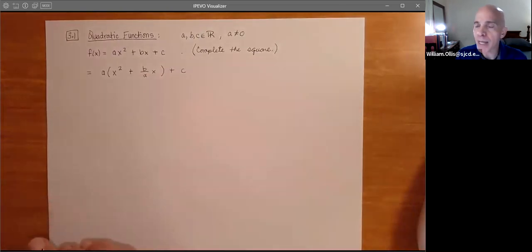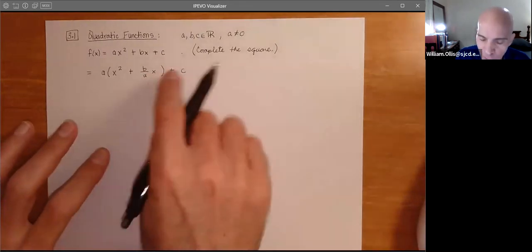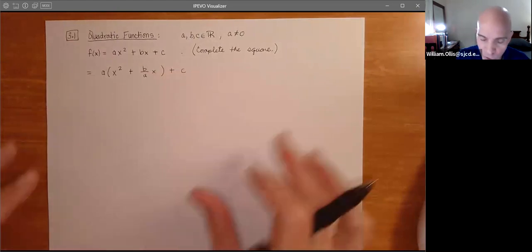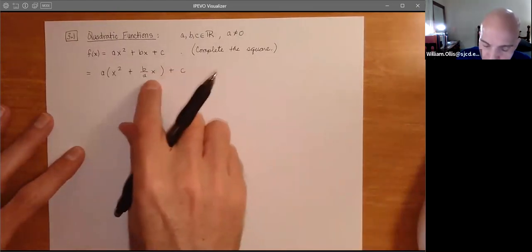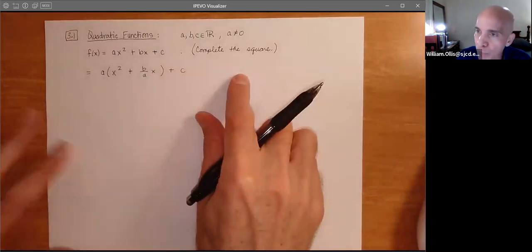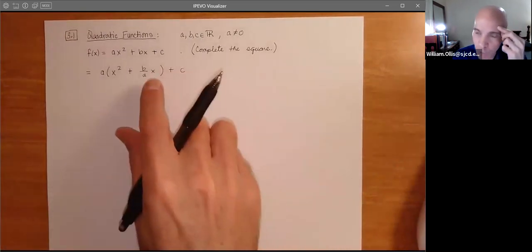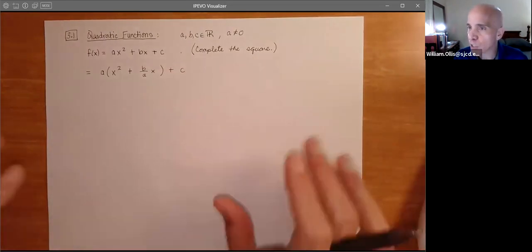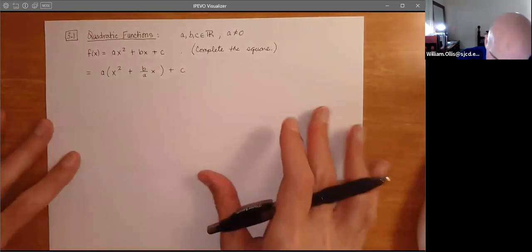And you're thinking, okay, so what's the deal here? Well, the idea is to create a perfect square. I could have left a little room here, but I just want to do these one step at a time so all of the steps are very clear to you. Now, this is where we could have left more room by the b over ax term to add the so-called magic number, but I just want to spread this out a little bit.